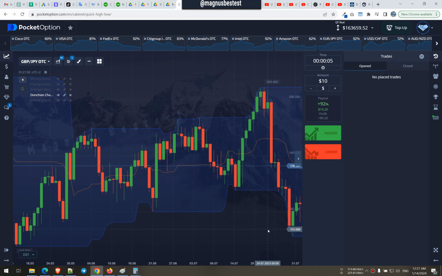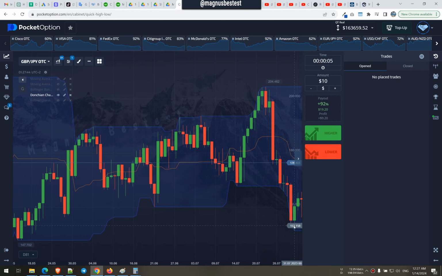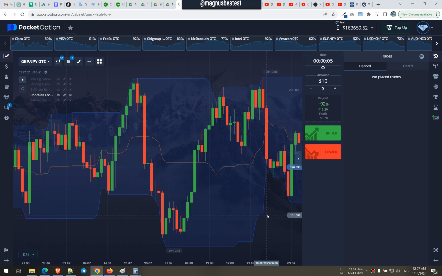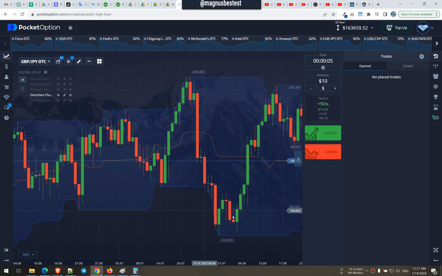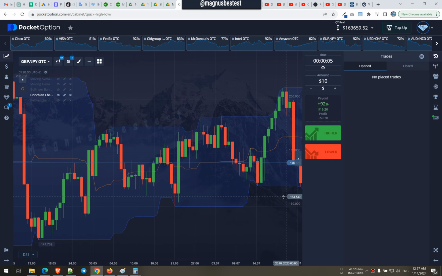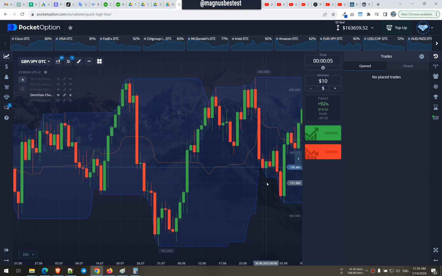So if you would follow the strategy for Donchian Channels, you would open a trade here. We are continuing this downtrend. The candle closed, and look, you got stopped out. And of course, the breaks without candle closes are even more risky. Here it might have worked, but in other cases, not so much.